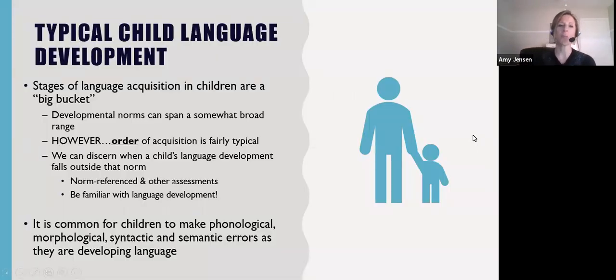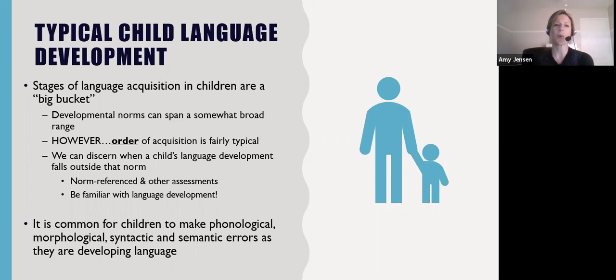Also before we begin, it's important to note that we should be pretty well familiar with typical child language development. I think you're going to have a lecture on this if you haven't already, so I won't dive a whole lot into this. I will make mention of what's typical so we can compare it to what's atypical.